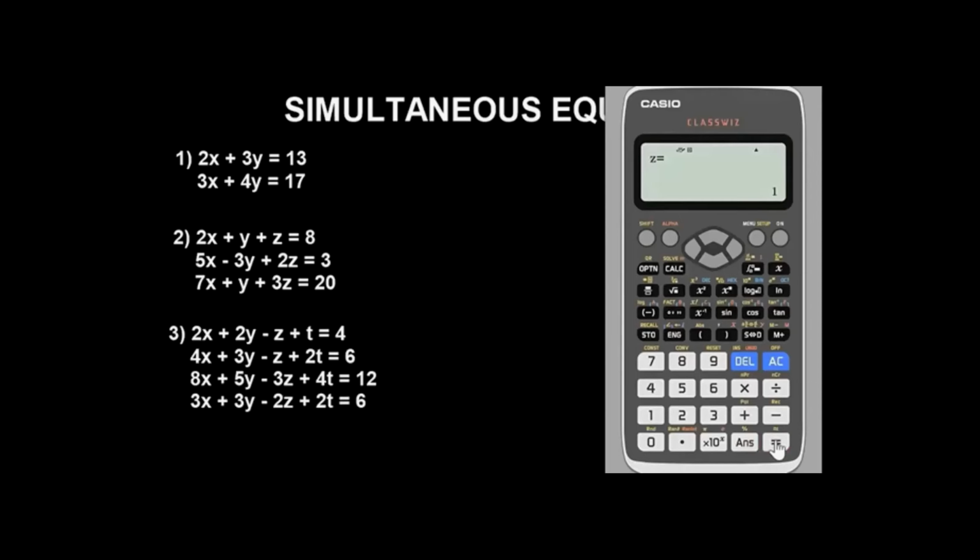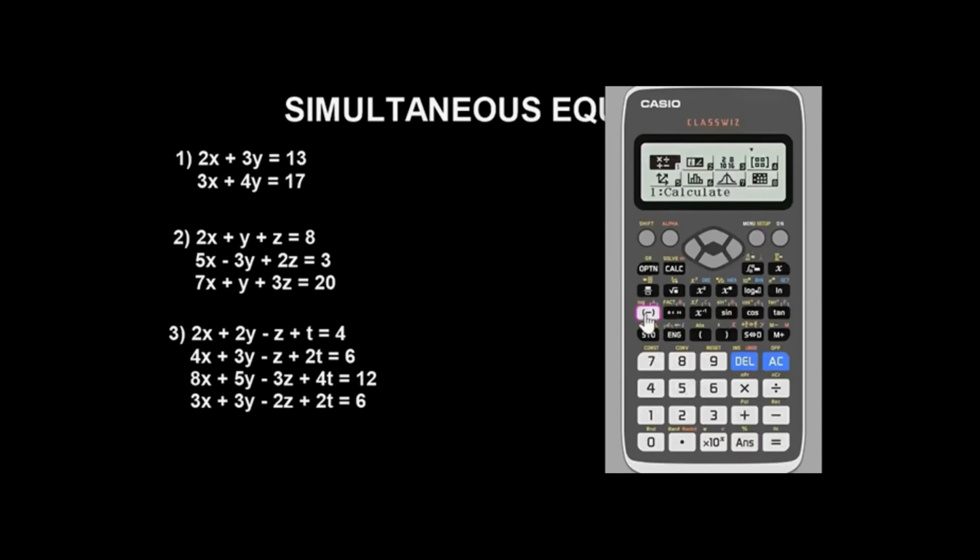So lastly, before we call this video a class, let's look at question 3, the one that involves 4 variables. Very simple, guys. So as usual, we're going to clear the calculator now. Put the instruction. Okay, so let's go back to equation mode.